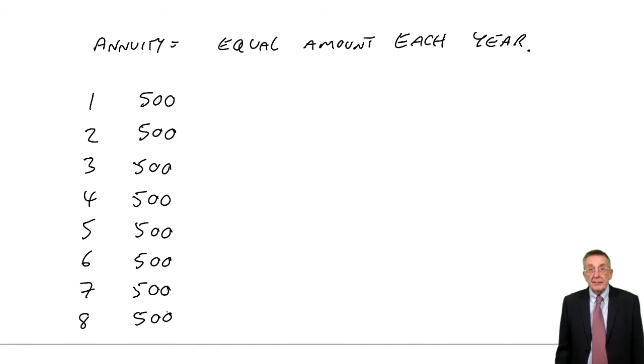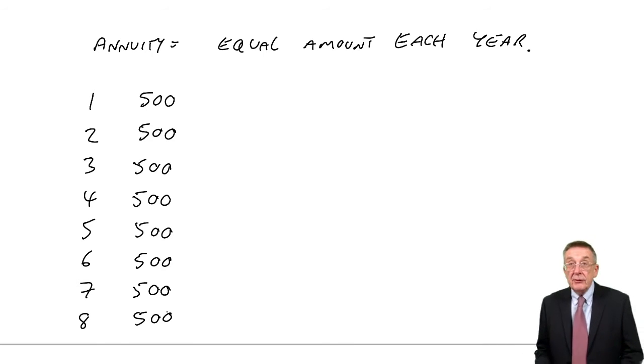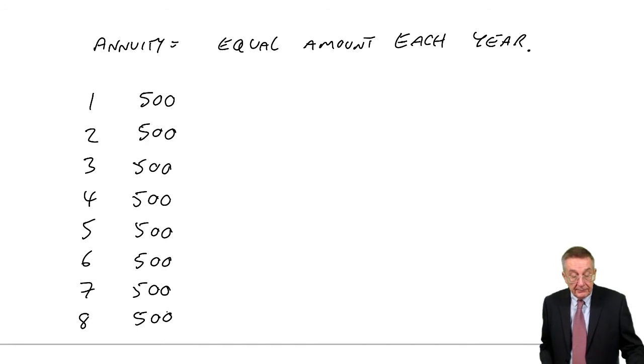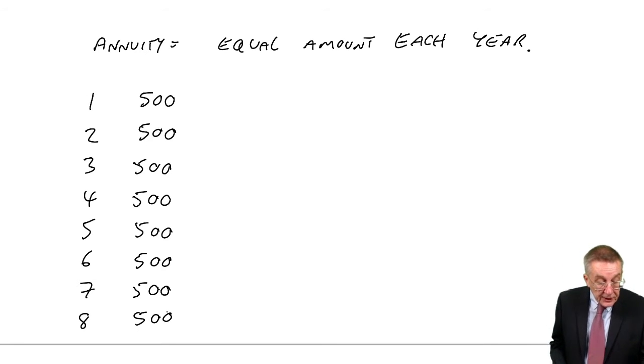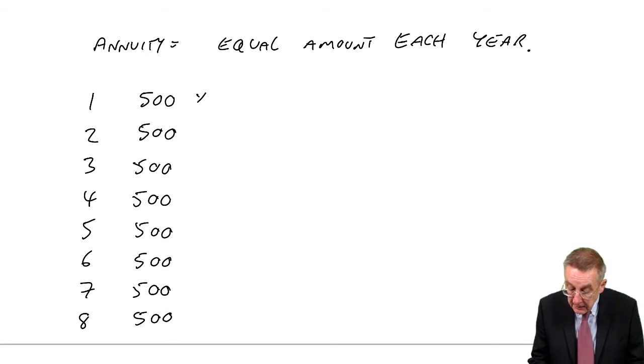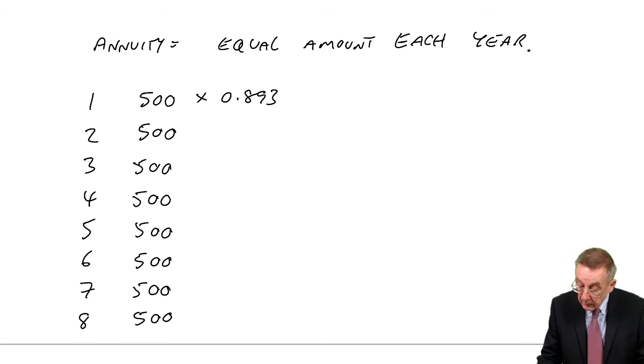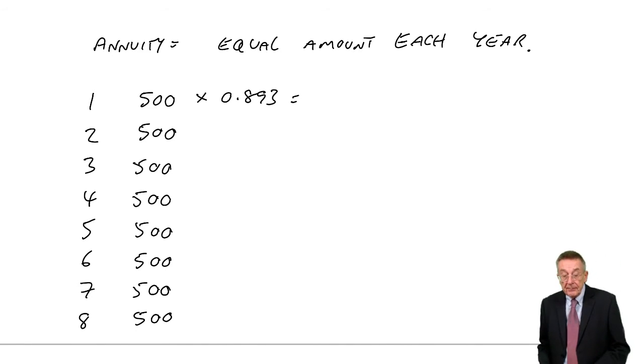And of course, there are 8 of them. And what you could do is say, okay, the present value of 500 in 1 year, what's the discount factor? It's 12%. 12% for 1 year, you'd multiply by 0.893, and that would give you the equivalent amount now.